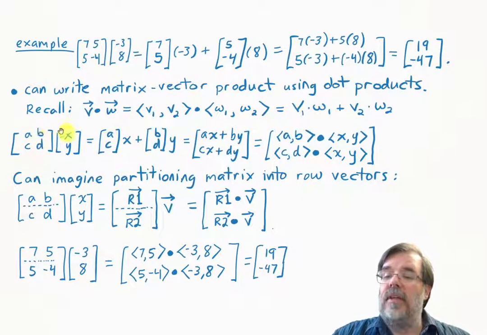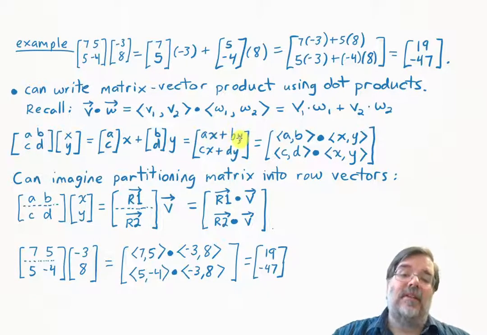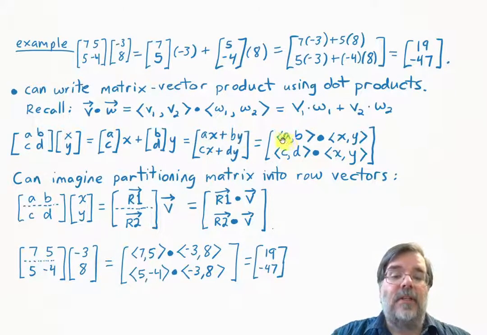So this calculation that we're doing, this matrix vector product, when you write it out, the top component is a times x plus b times y. If you have something times something plus something else times something else, you could also write that as a dot product. In this case, the first entry is the same thing as ab dot xy.